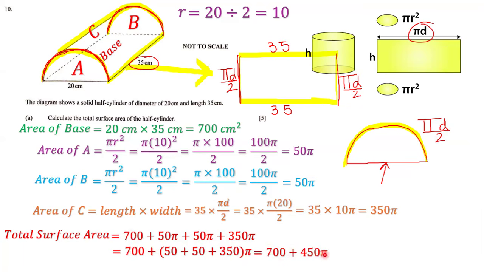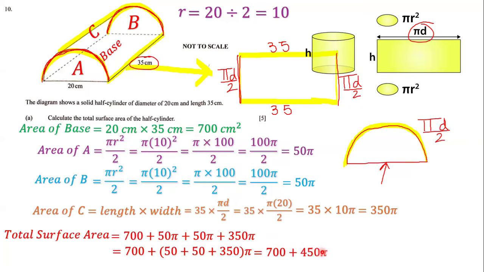And so when we do the calculation, they didn't tell us exactly what pi is in this particular one. Usually they just tell us that pi is 3.14 or pi is 22 over 7 or something like that. But in this case, they didn't, so we're just going to use the pi that is on our calculator. So just write inside your calculator 700 plus 450 pi, like the actual pi sign.